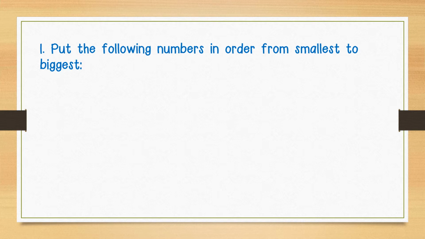So let's do the first one. It says put the following numbers in order from smallest to biggest. We've got the numbers 189, 345, 276, 478, 598, and 67. So which number do you think is the smallest?